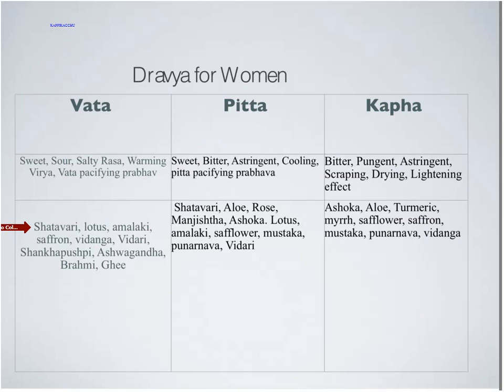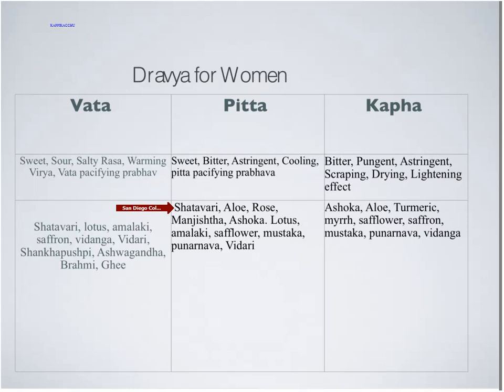That means we cannot give it to kapha person because kapha person already has enough rasa dhatu in them. But if you do give it to kapha person, we mix it with other kapha pacifying herbs. But shatavari can be given to pitta person because when rasa dhatu has increased agni, when pitta has traveled to rasa dhatu, by giving shatavari we can calm it down, especially when it's combined with aloe and rose and manjishta.